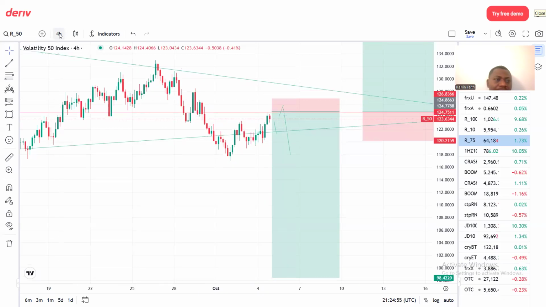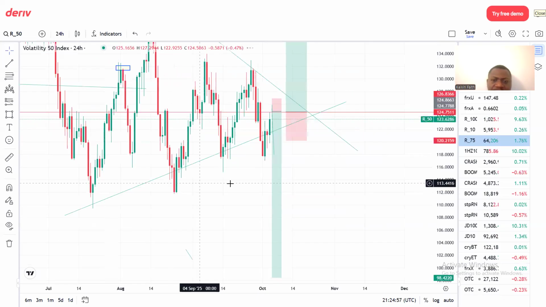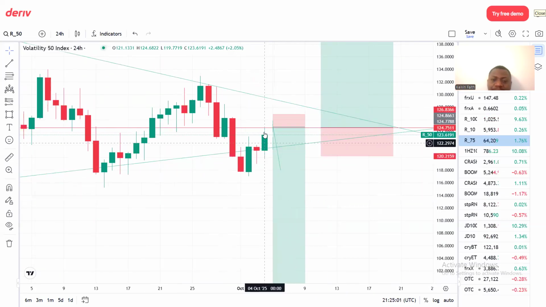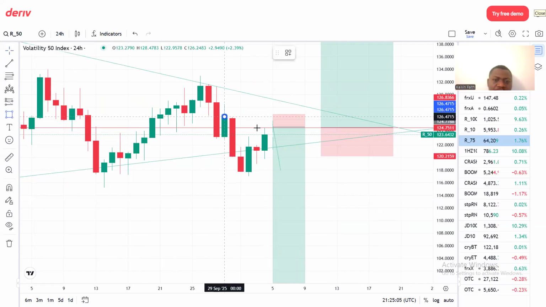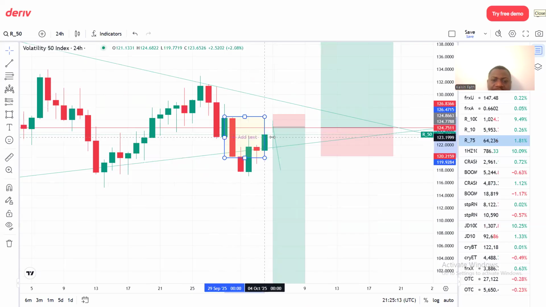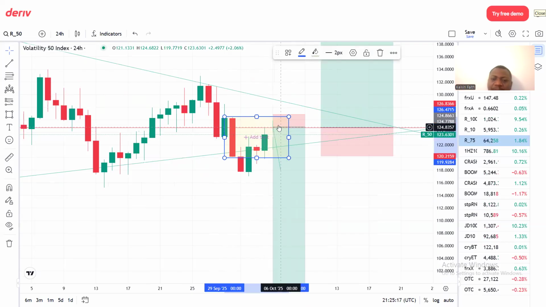So let me see the daily time frame. Okay, the daily time frame is showing us a big bullish candle, though we have this bearish indication here. You see, bearish close below the red line. But on the retest coming to the red line, we don't have a bearish daily candle yet. So we have to wait.